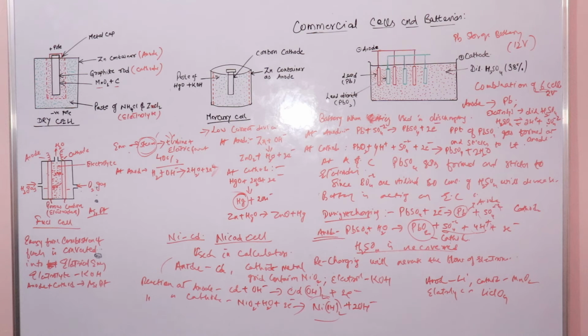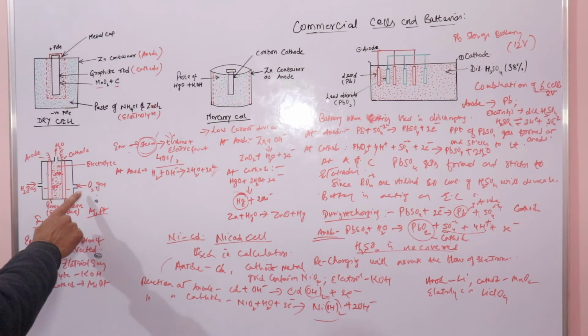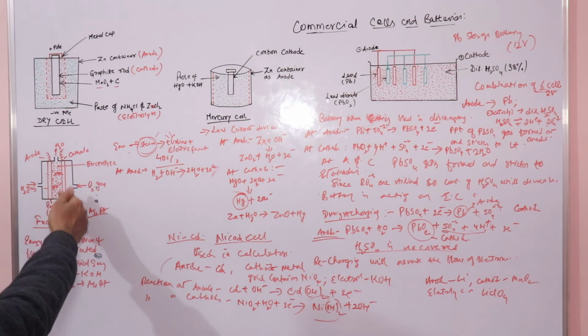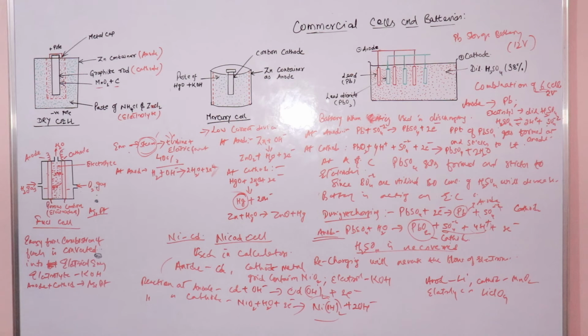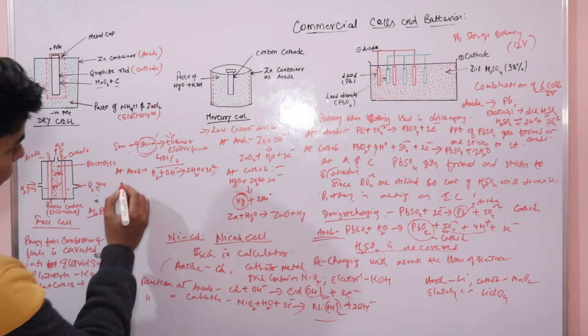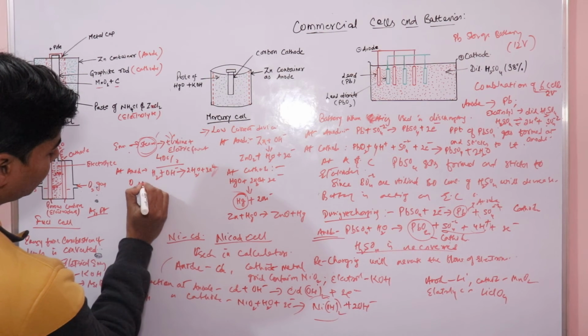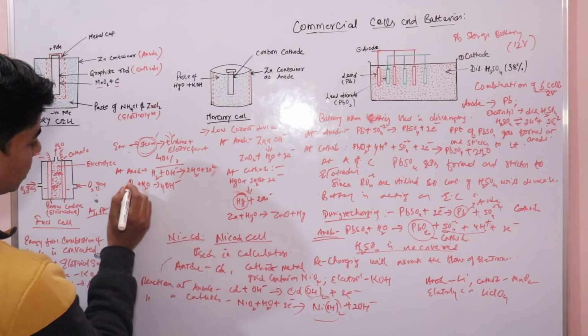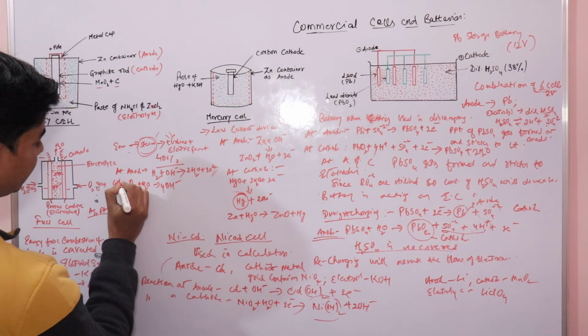Now the reaction at the cathode: oxygen gas is passed into this electrolyte through the cathode electrode. Oxygen will react with water to form 4 OH ions.